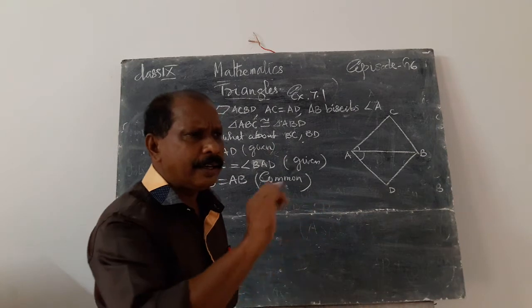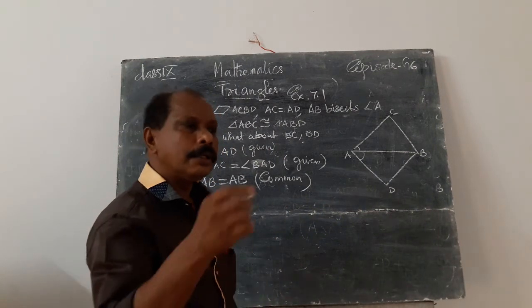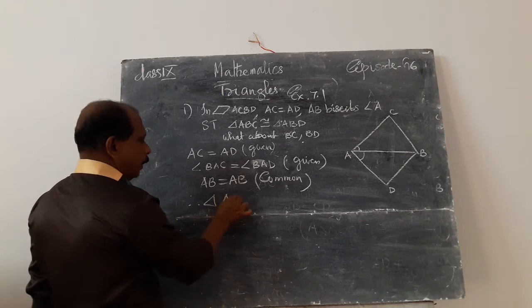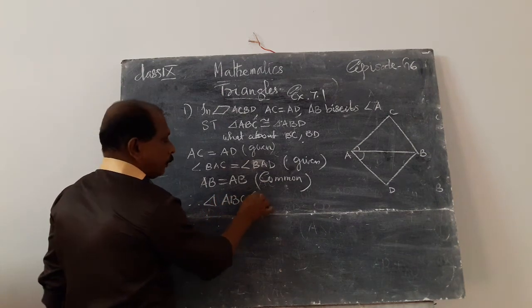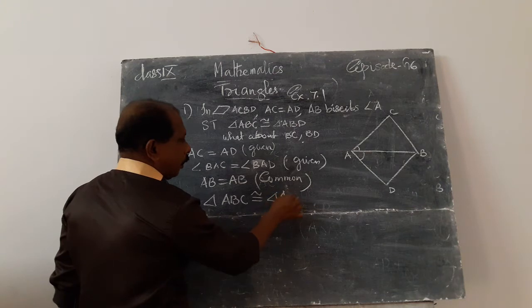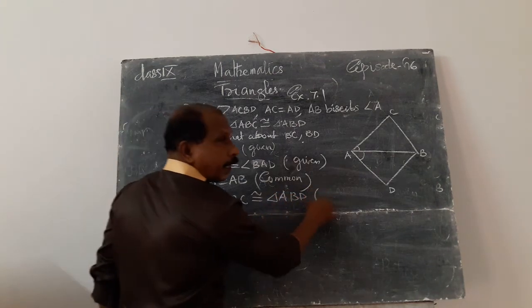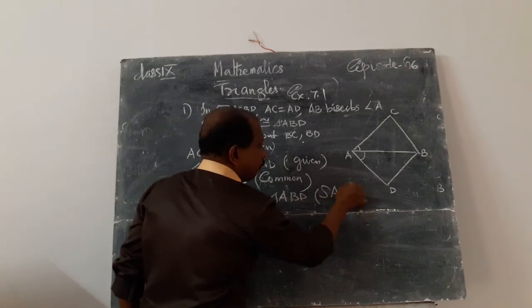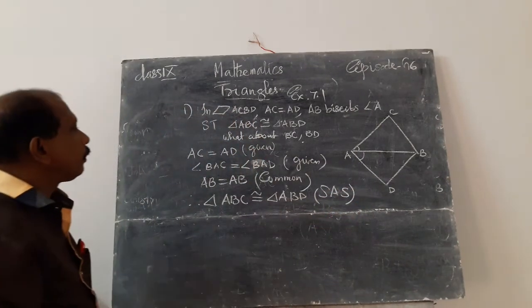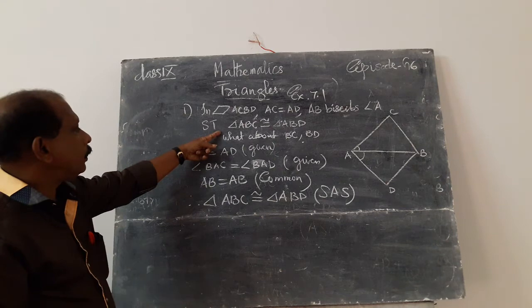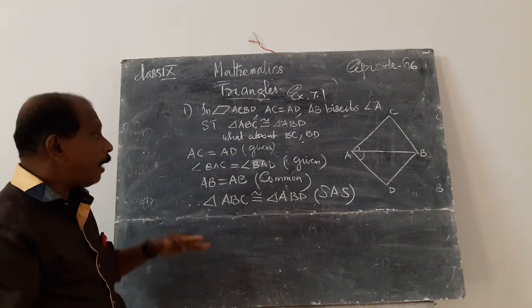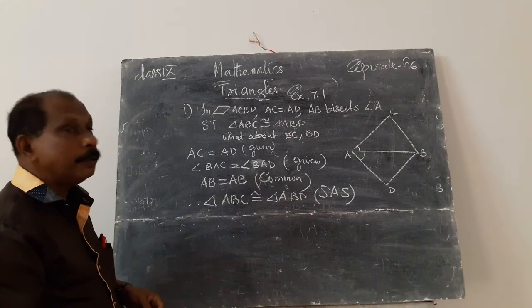Therefore, by the side angle side property, triangle ABC is congruent to triangle ABD. The reason is the side angle side property. Now, what about BC and BD?